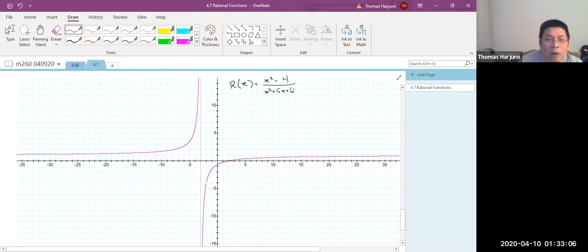Now this graph is the same as R star of x, which is x minus 2 over x plus 3, when x is not equal to -2.